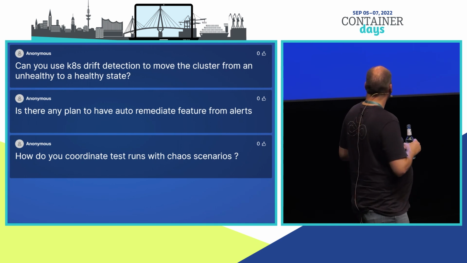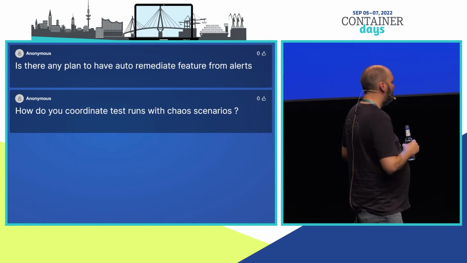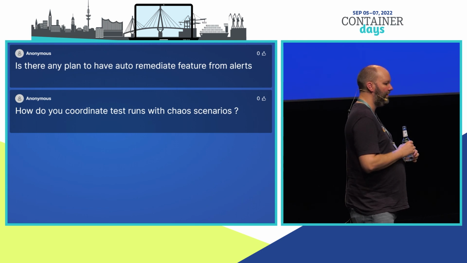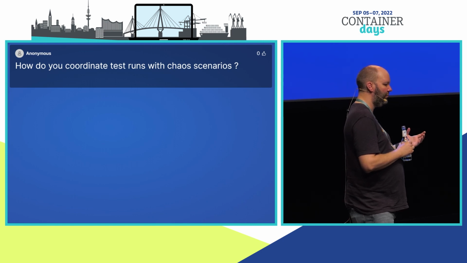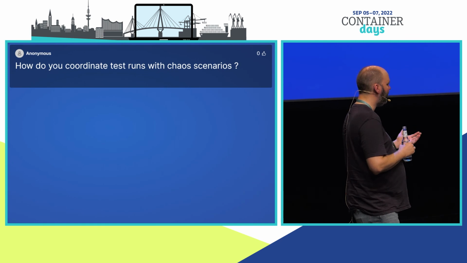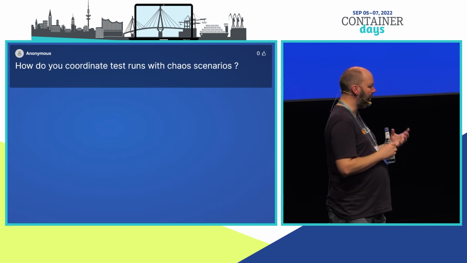Thanks. Okay. And the next question that came was, is there any plan to have auto-remediate feature from alerts? I'm not sure if this will happen within the Prometheus operator project. I'm pretty sure that vendors who integrate with Prometheus or provide an observability platform or DevOps platform or whatever, they are thinking of this.